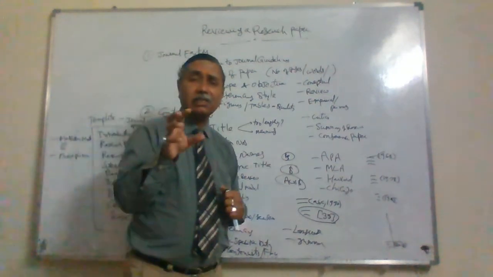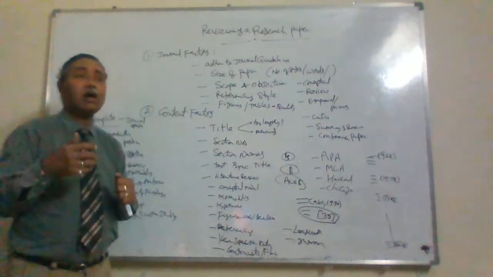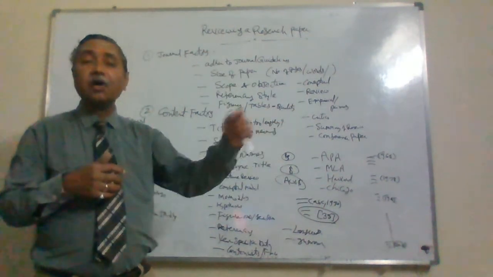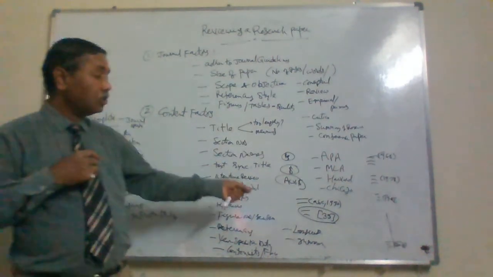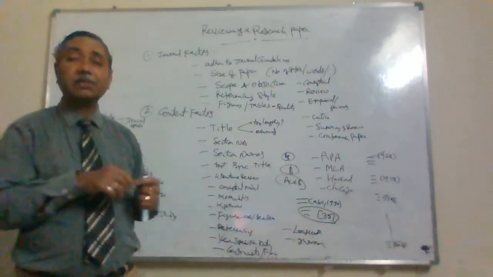Sometimes researchers across the world do continuous research. For example, if there is another paper by the same author, you ask him to cite that also, self-citation also, and include it in the references, so that continuity of research will be there.